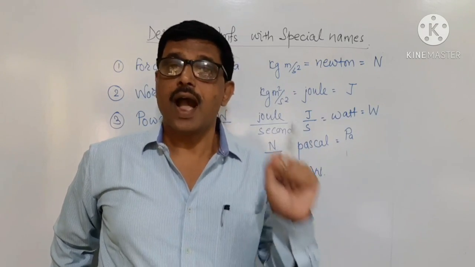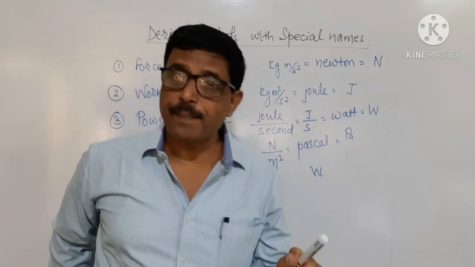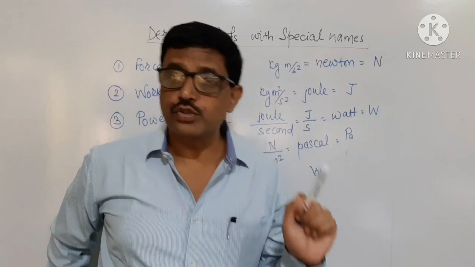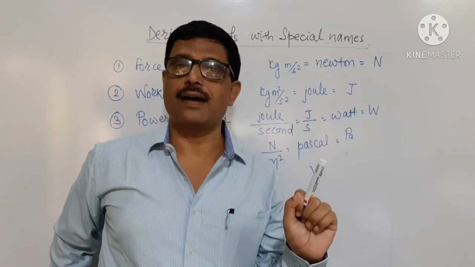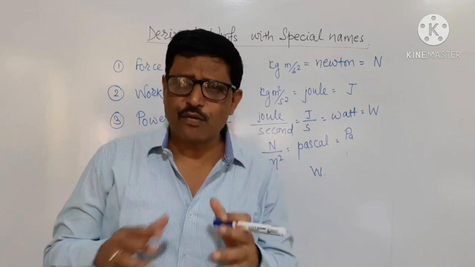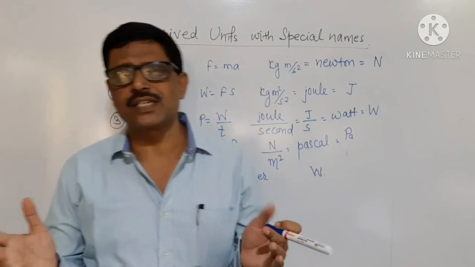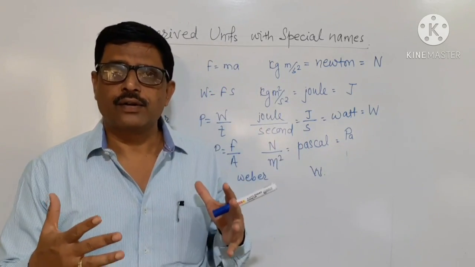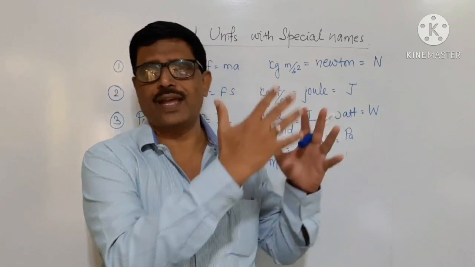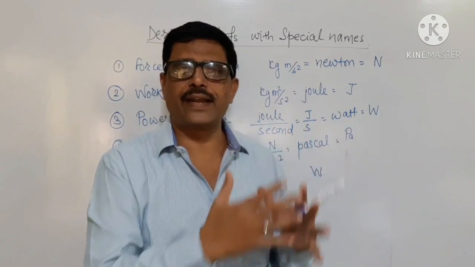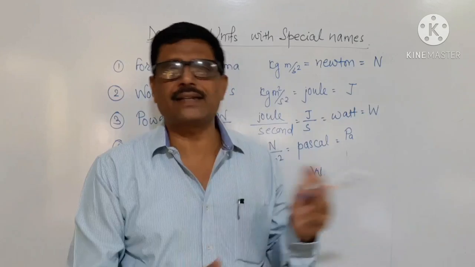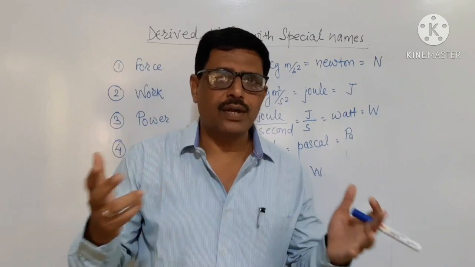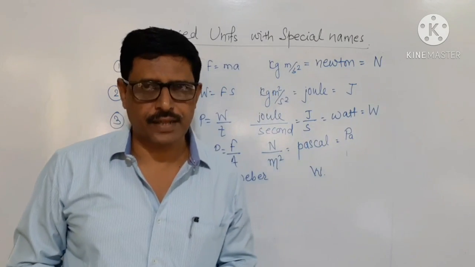Magnetic induction has a unit Weber per meter square, which is also equal to Tesla. These are only some of the examples. If you go through this in the course of 11th science physics, you will get a few more, and at that time we will think of these derived units with special names.